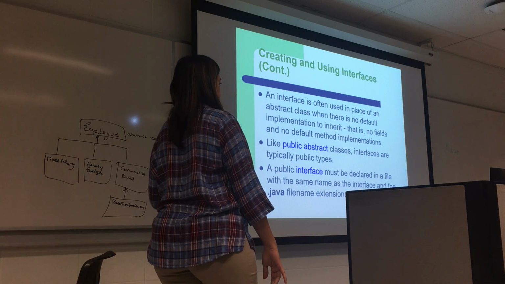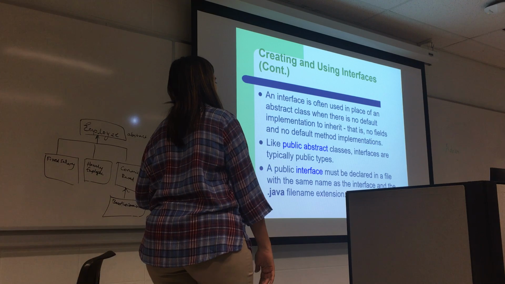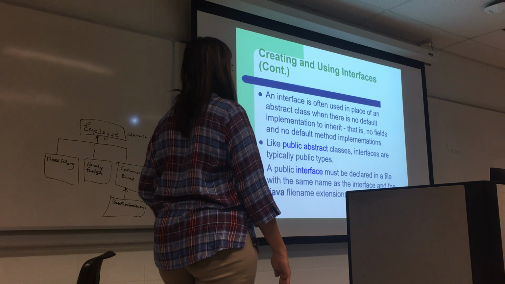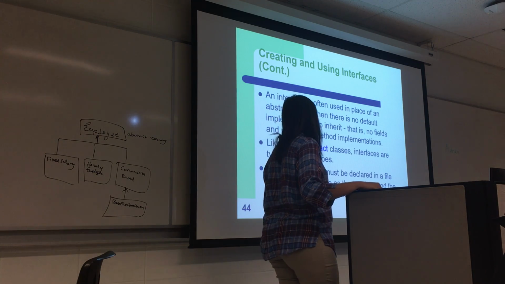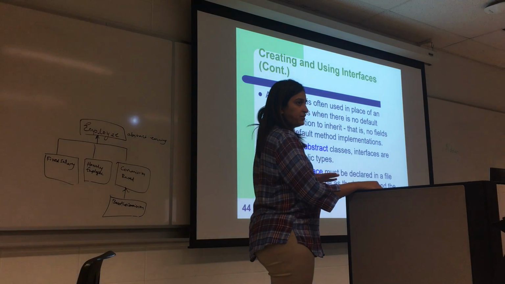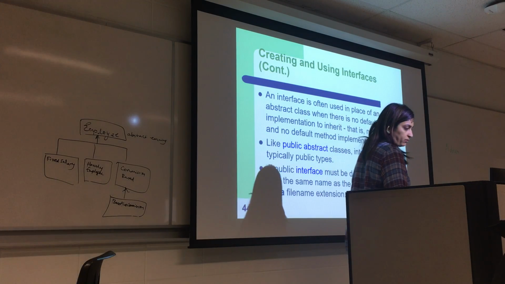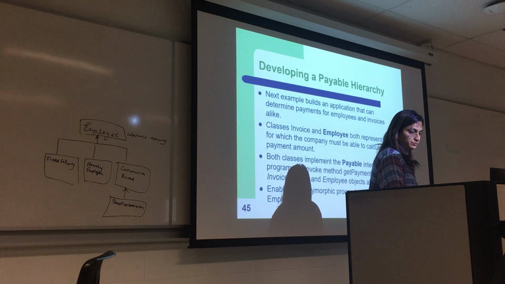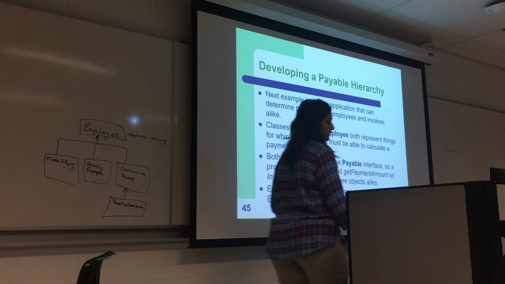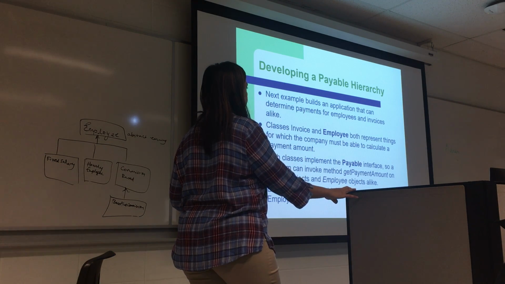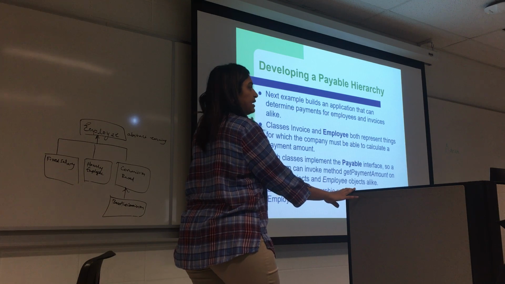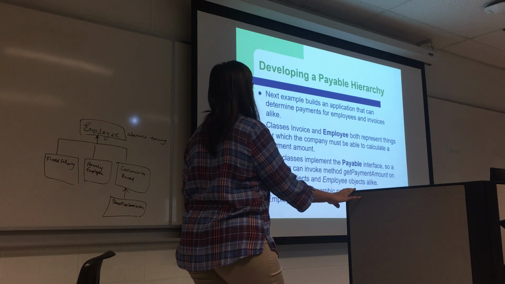Just like public abstract classes, interfaces are also public types. They must be declared inside a file with the same name as the interface and a .java extension. Now this is another example. Here we are trying to determine the payment for employees and invoices, right?